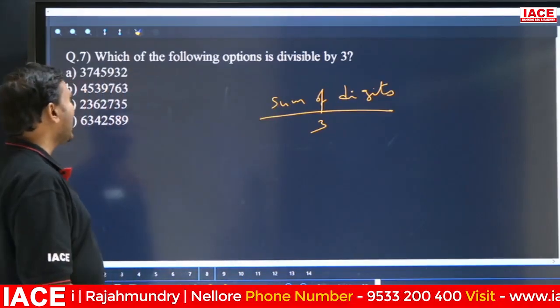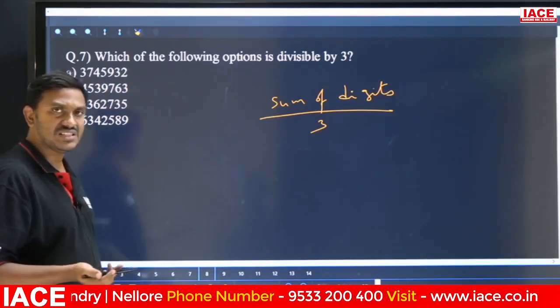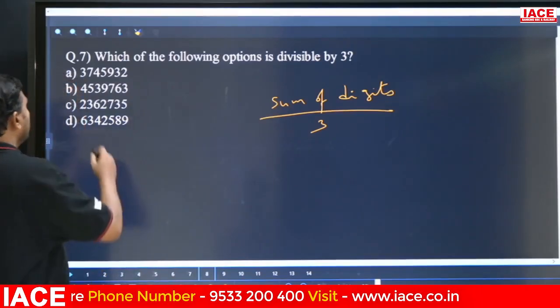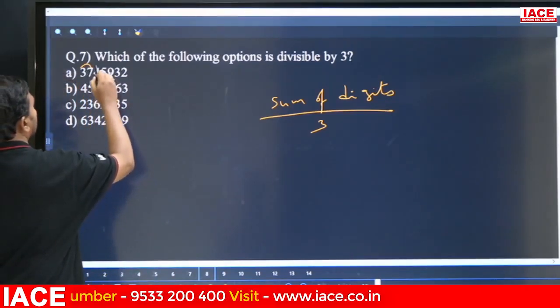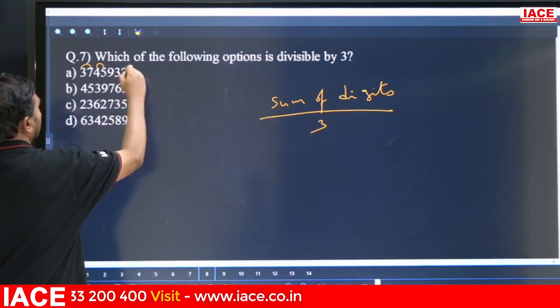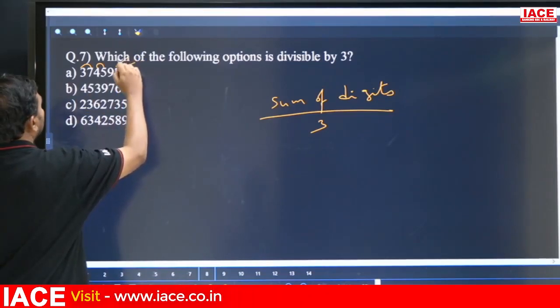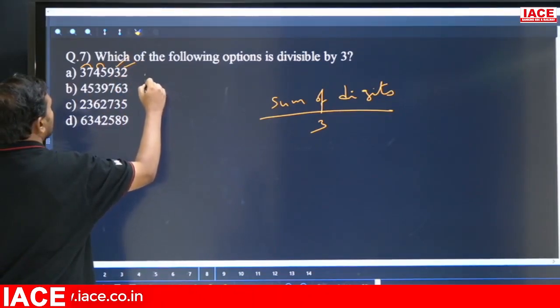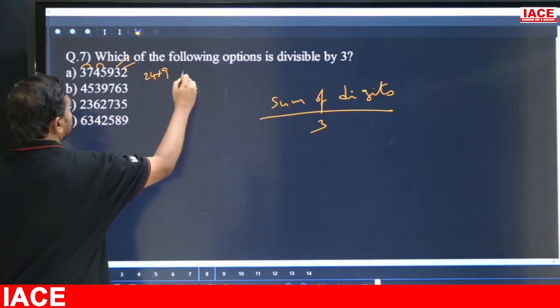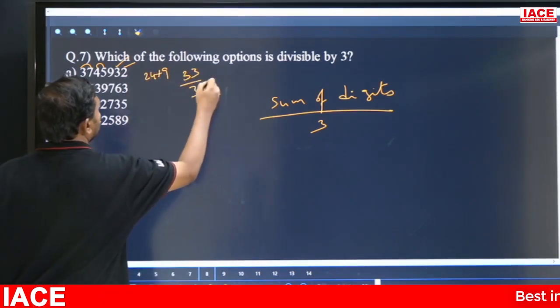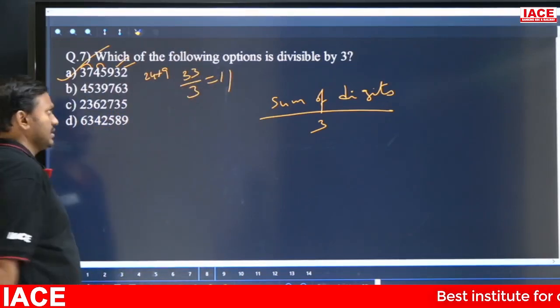So simply add the digits. First you add 10, 19, 21, 24 plus 9, that is 33. First option is exactly divisible, so option A is the right answer.